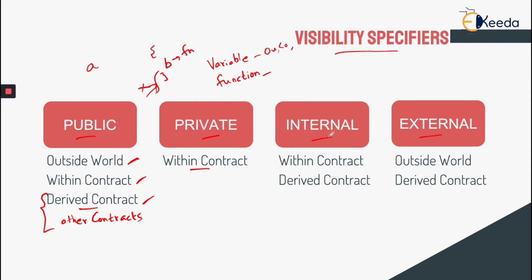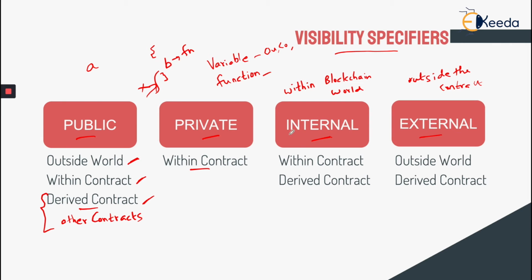Then come internal and external. For this, consider internal to be within the blockchain world, just for easily remembering these things. And external is outside the contract, to be more specific. Outside the contract, whether you are able to see it or not.